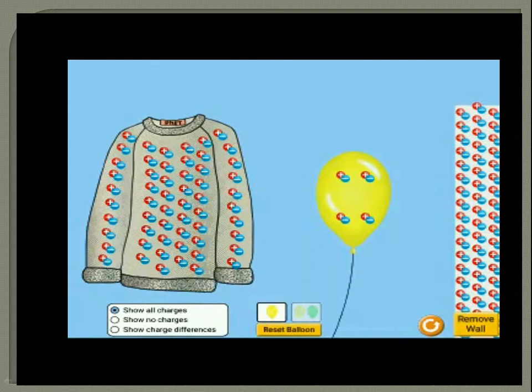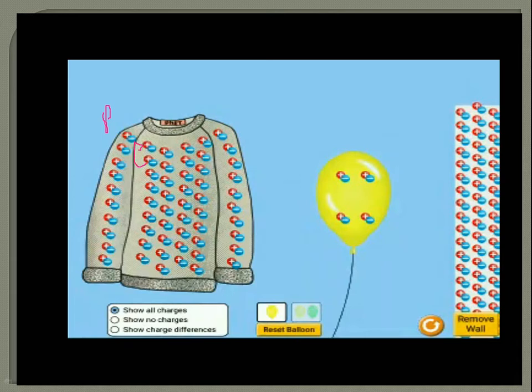Initially, the jacket has positive and negative charge, or we can say the jacket, or this sweater, is electrically neutral because it has the same number of positive charges and negative charges. Or you can say it has the same number of protons and electrons. Blue ones are the electrons and the red ones are protons.